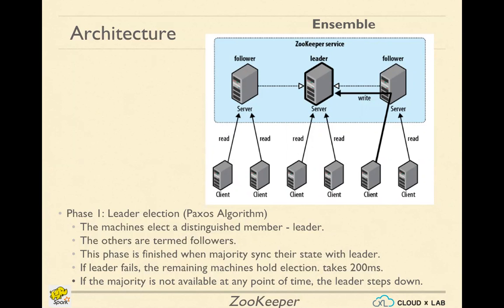The question is, if the follower gets a request to read the data and responds by itself without talking to the leader, the follower might be giving out stale, outdated, or old data, because it might take some time for the leader to update all the followers.